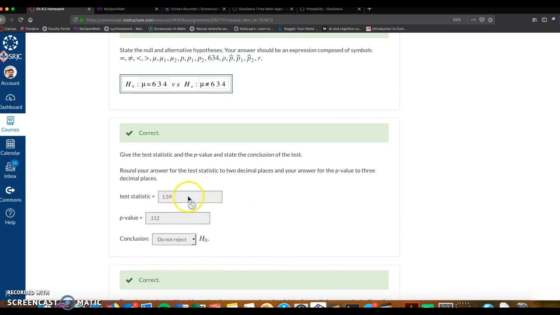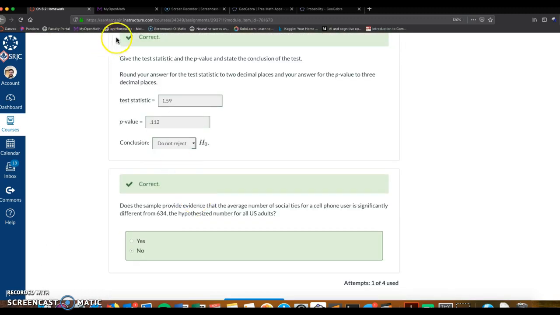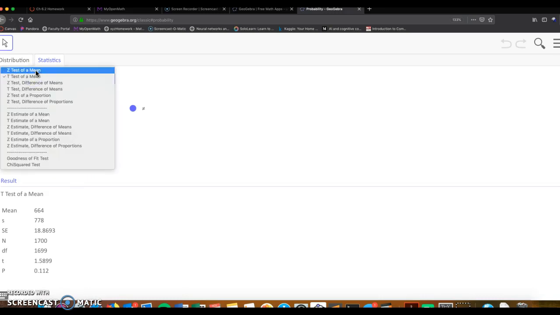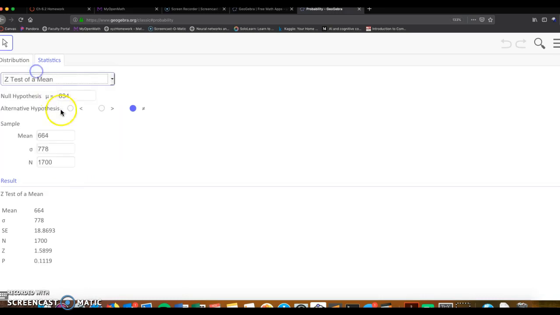So I want to go back and note that when you have such a large sample size, it generally doesn't matter if you use t or z. Most statisticians say if you have a couple hundred in your sample size, you could pick either one and it ends up being the same. I'll show you what I mean. If I go to z, notice right here, 1.59 and 0.112.